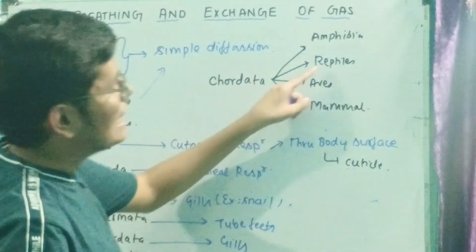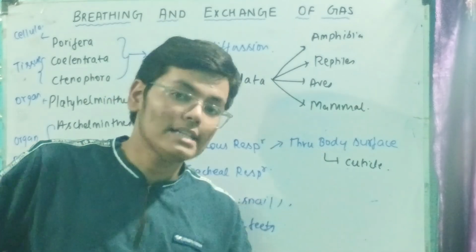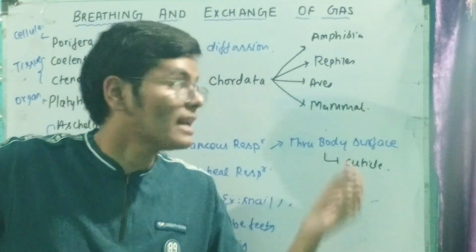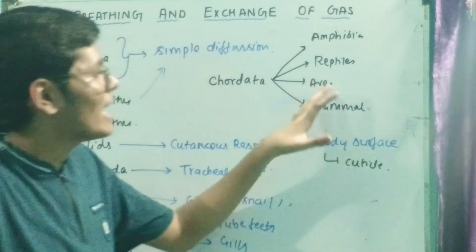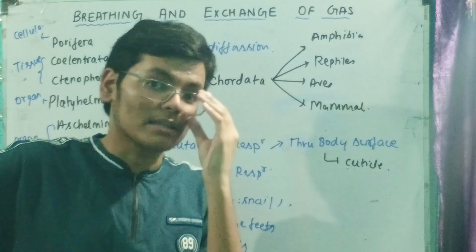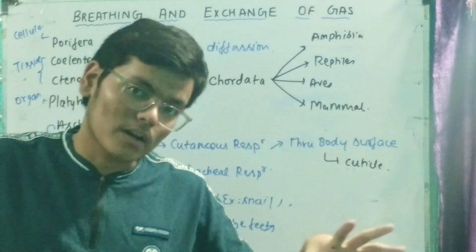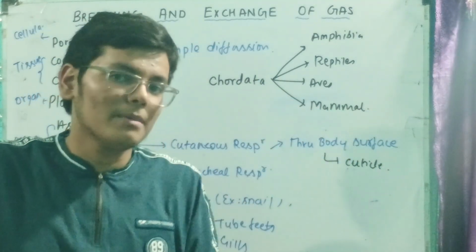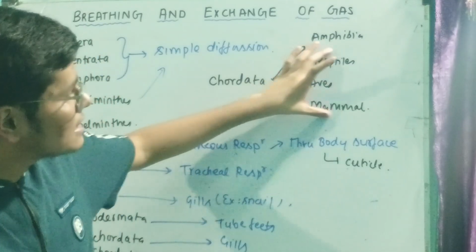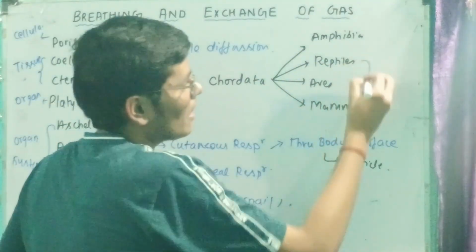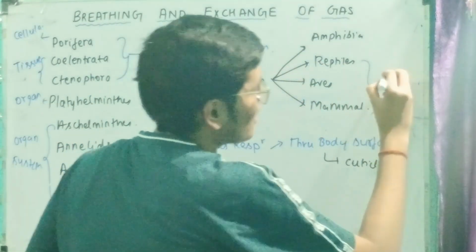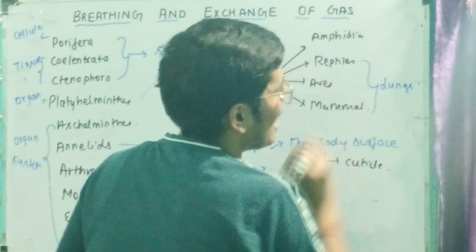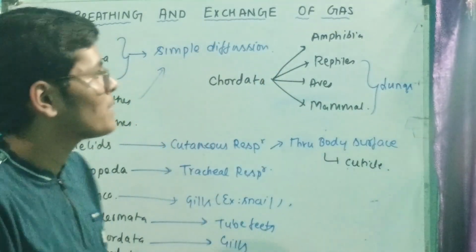Now, reptiles, aves, and mammals. Reptiles have examples such as snake. They are the creeping animals. Aves are the animals which fly in the air like the birds, and mammals are the organisms which feed their baby after the birth. These three groups use lungs as their primary respiratory organ.